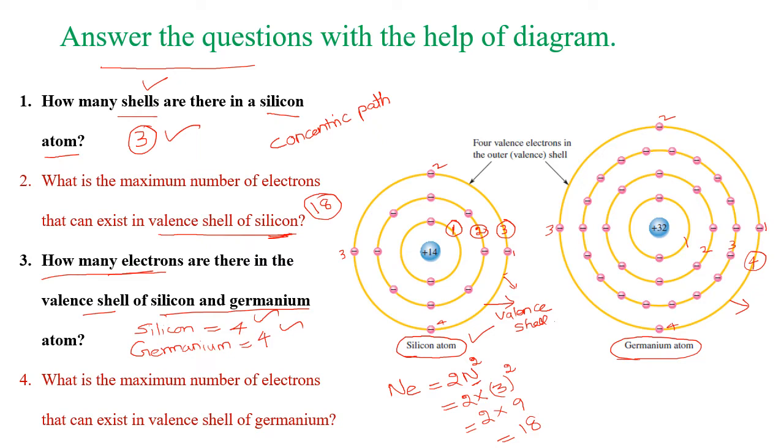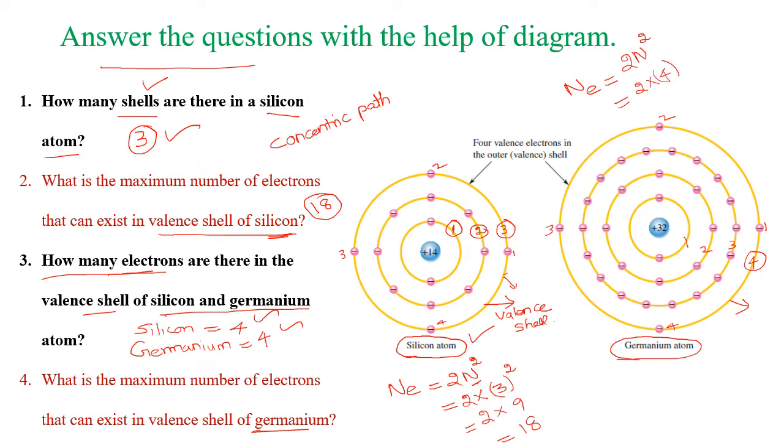And the last question is, what is the maximum number of electrons that can exist in the valence shell of germanium? Here we have to do the calculation. Ne is equal to 2 times n to the power 2. In the case of germanium, the valence shell is 1, 2, 3, 4, so the fourth shell is the valence shell.